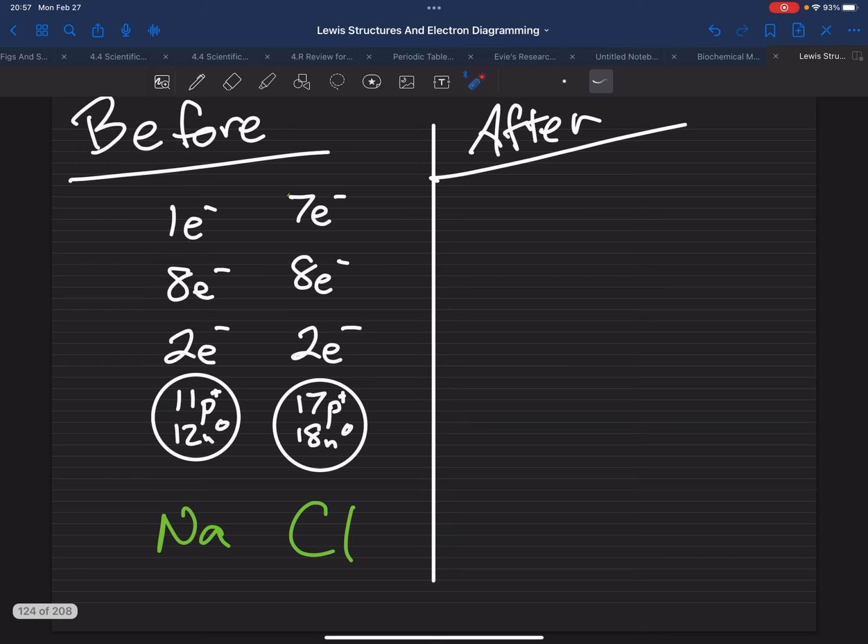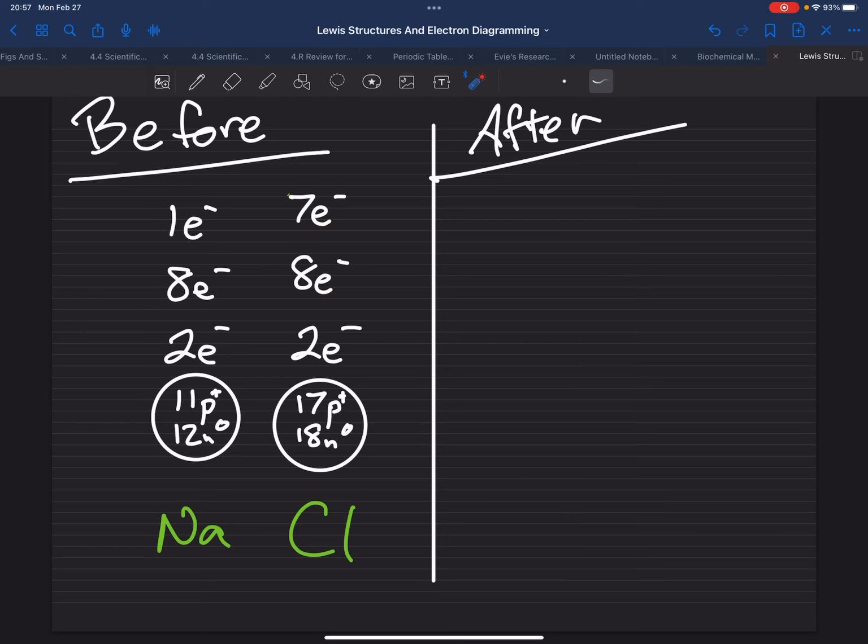Okay, so with sodium and chlorine, very similar to what we had before, but just not with dots, instead with numbers and letters. We have both nuclei, 11 protons, 12 neutrons for sodium, 17 protons, 18 neutrons for chlorine. Okay, with the levels of 2, 8, and 1 electron for sodium, 2, 8, and 7 for chlorine.